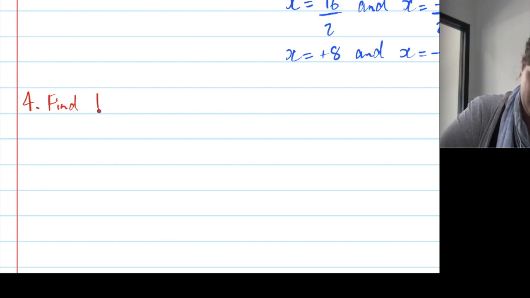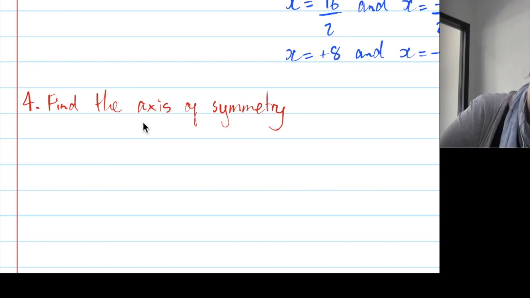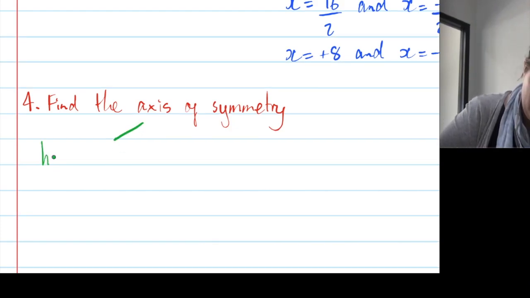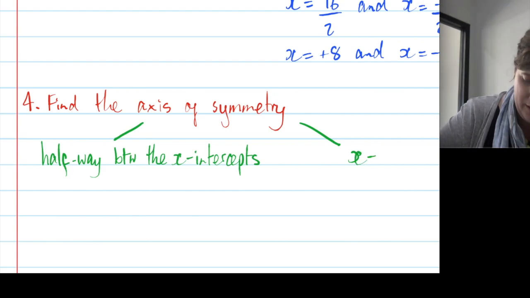Find the axis of symmetry. So there's 2 ways. We can just do halfway between the x-intercepts, or we can do the quick way, x equals minus b over 2a.